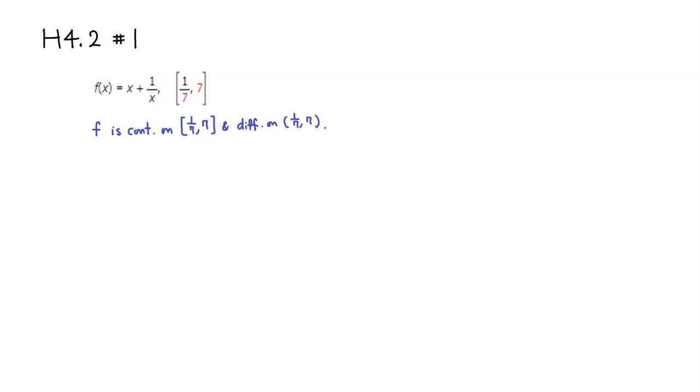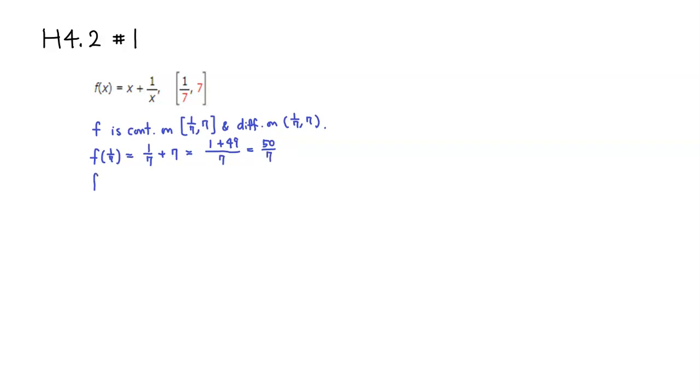And we need to verify f of 1 over 7, which is going to be plugging in 1 over 7, and it's a reciprocal, that's going to be 7. So with a common denominator, 1 over 7 plus 7 is 50 over 7.